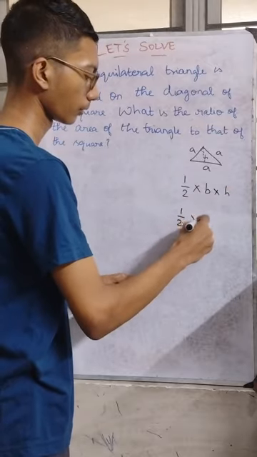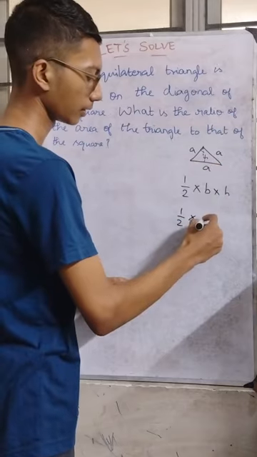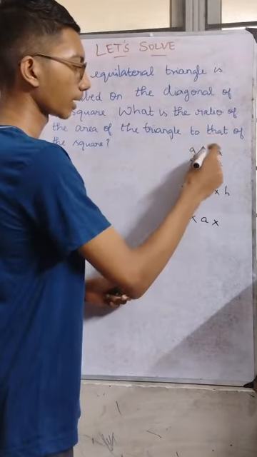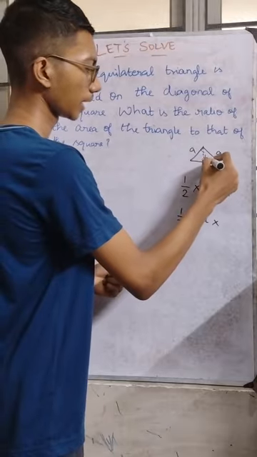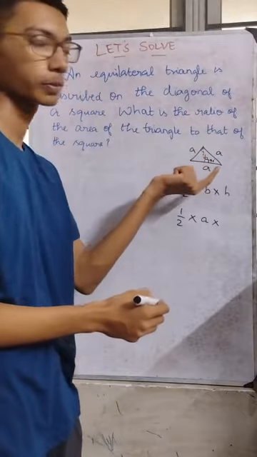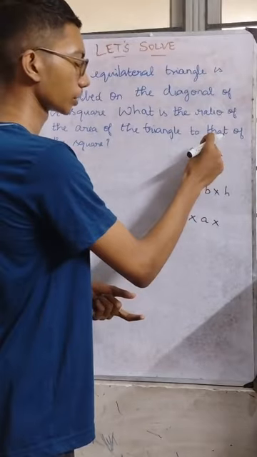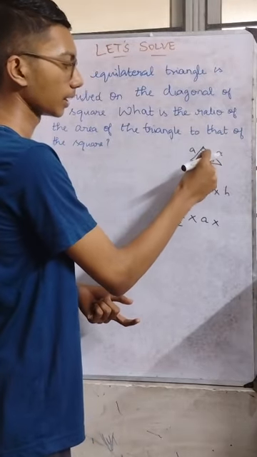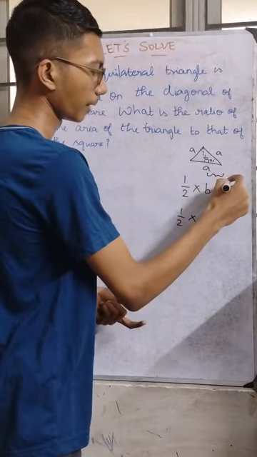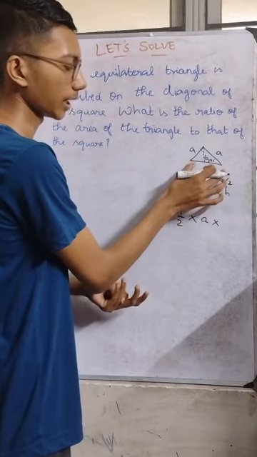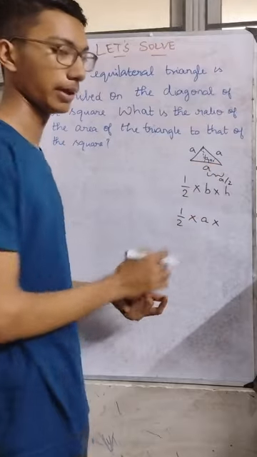The base is A and we need to compute the height. Now this is 90 degrees, so we can use Pythagoras theorem. The hypotenuse is A, the height is h, and the base is A by 2, because the whole base is A, so half of that is A by 2.